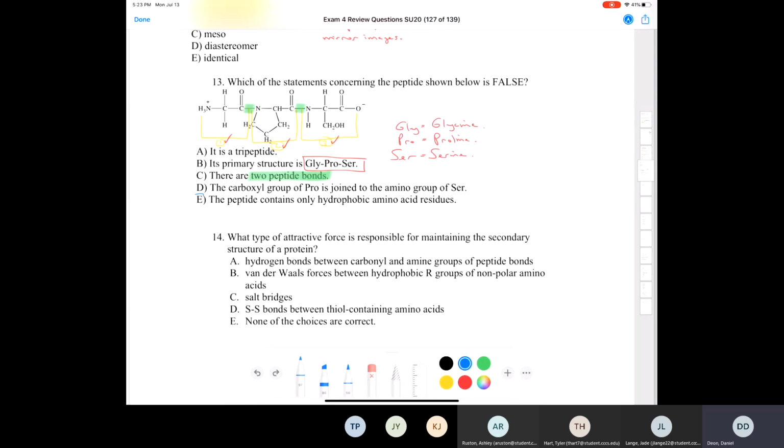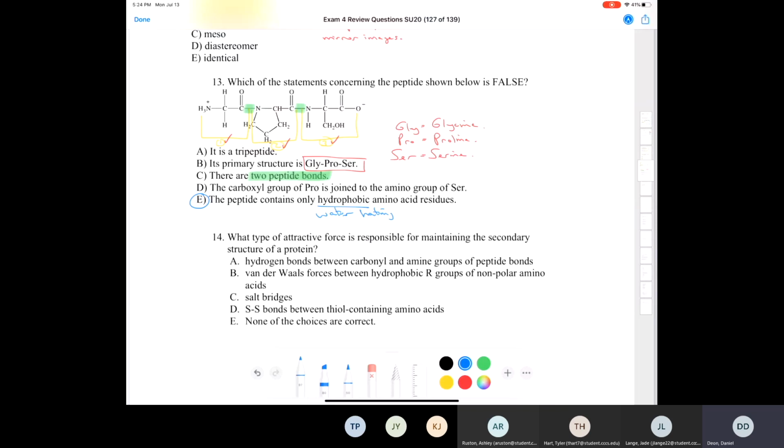And then finally, it says the peptide chain contains only hydrophobic amino acid residues. That is not true, because hydrophobic means water hating or water repelling. We'll put water hating just to make it simple. And could anybody tell me which one of these is actually a hydrophilic amino acid? Which one would be water loving? Thank you, Ashley.